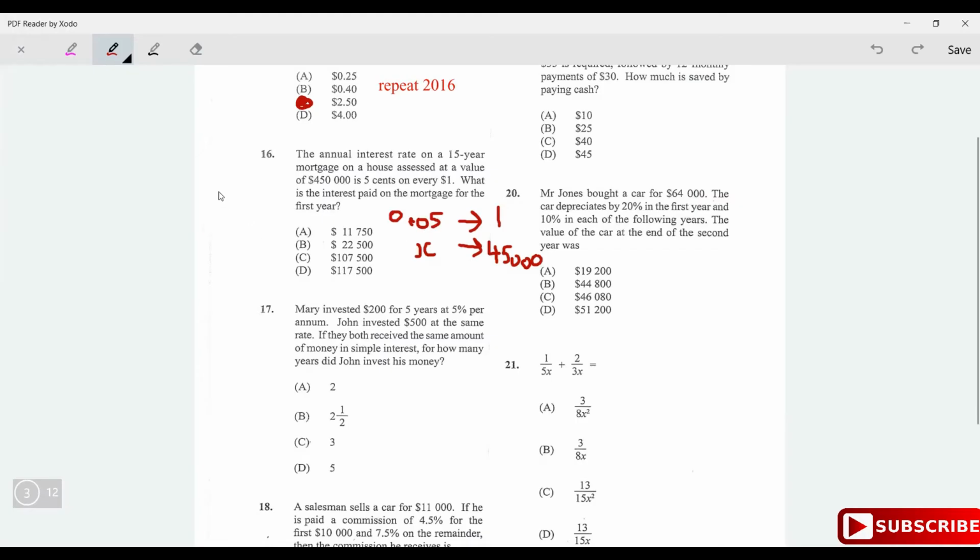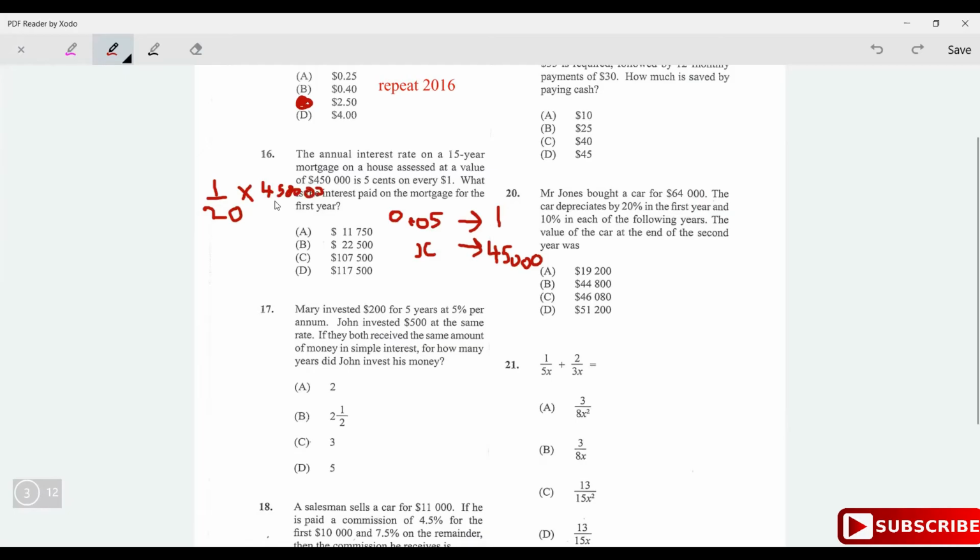Well, 0.05, which is the 5 cents, can be written as 1/20. That's the easiest way of writing it. So it's 1/20 times 450,000.